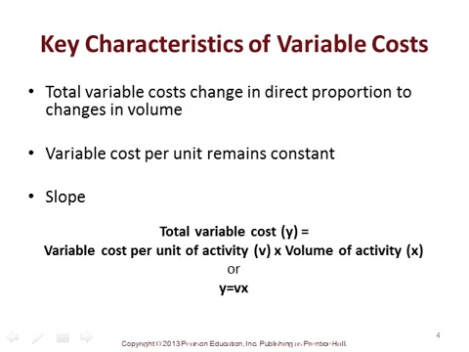And here we see our formula that my total variable cost, Y, is equal to my variable cost per unit of activity, V, times my volume of activity. And so in our previous example, my total variable cost of $6,000 was equal to my variable cost per unit of $6 per unit times the 1,000 units of activity.